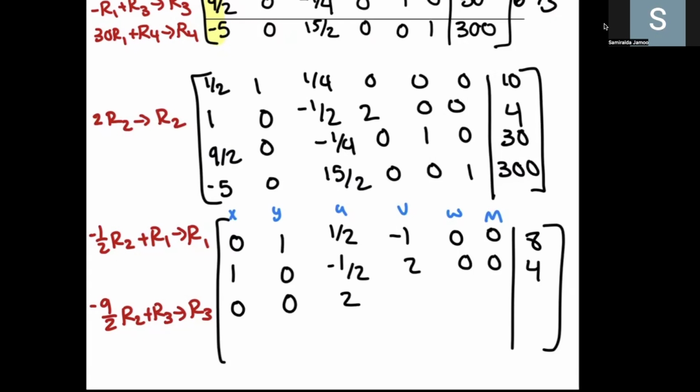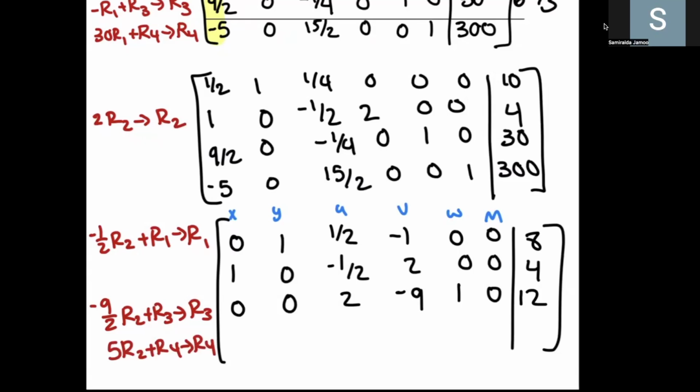Then we have negative 9. We have 0 plus 1 is 1, 0 plus 0 is 0. And then we have negative 36 over 2, which is negative 18 plus 30 gives me positive 12.